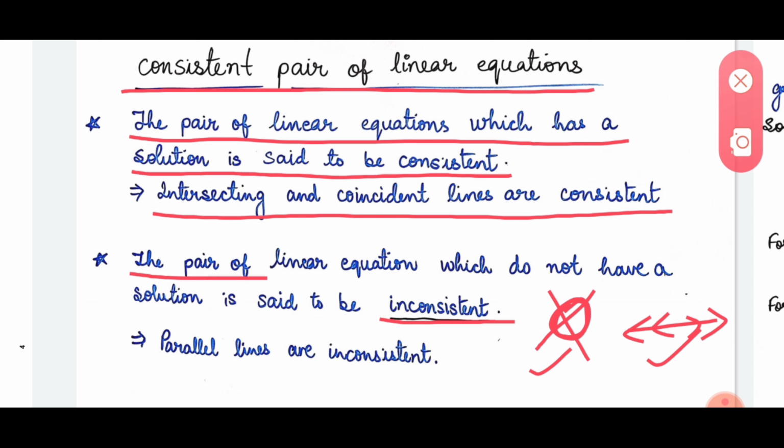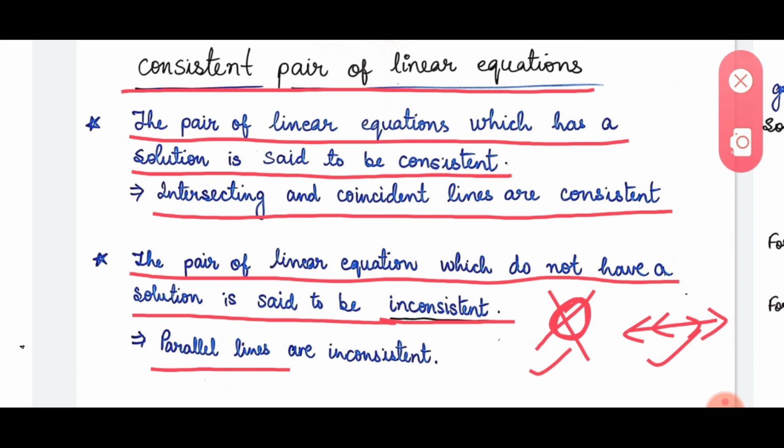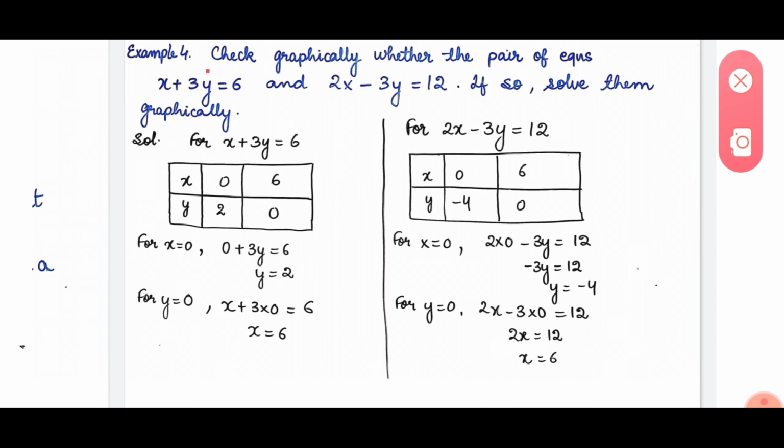And you are aware that parallel lines do not have any solution, so we can say that parallel lines are inconsistent. Now let us have a look at example 4. Example 4 says, check graphically whether the pair of linear equations x plus 3y equals 6 and 2x minus 3y equals 12 are consistent.